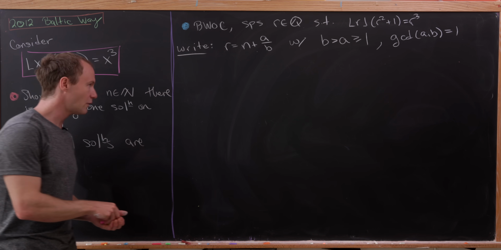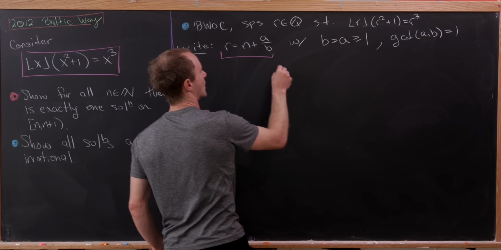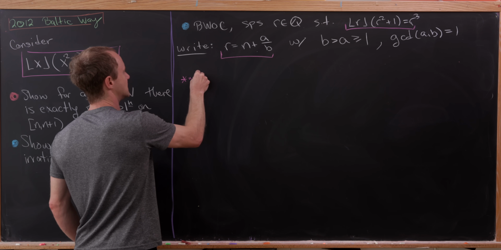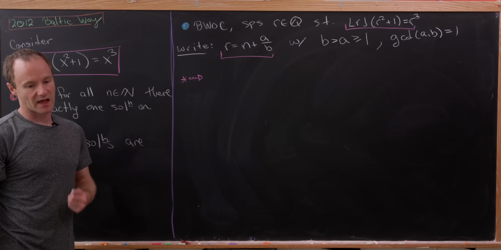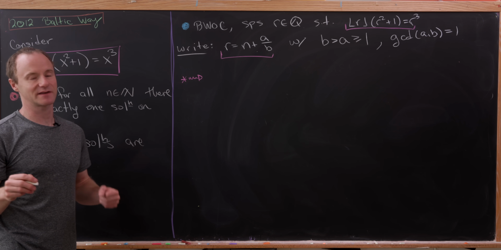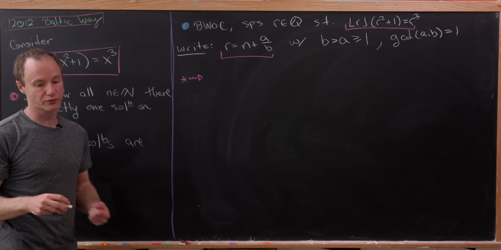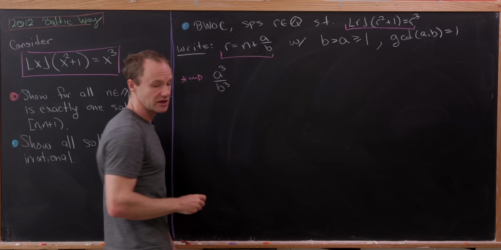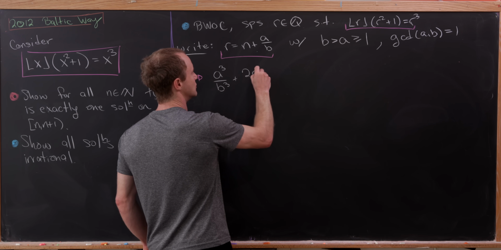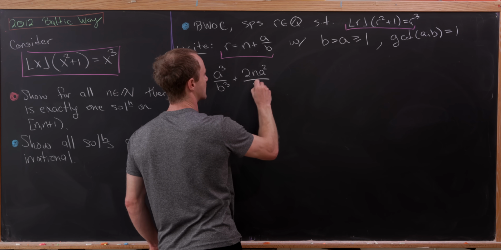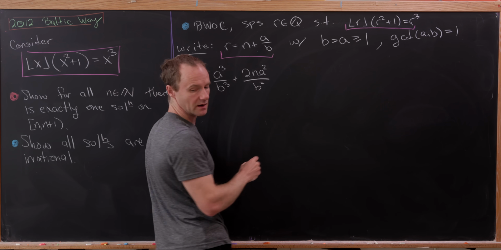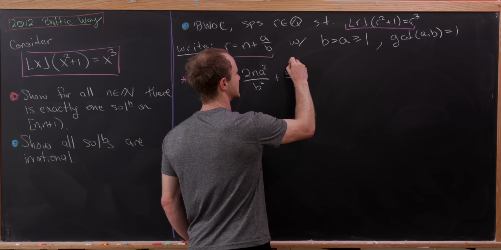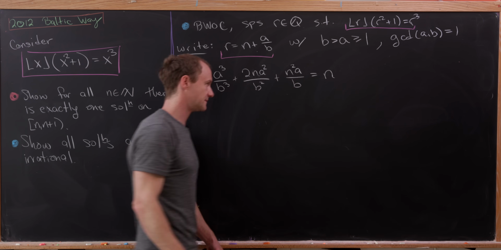Okay, so now what we'll do is take our expression for R and we'll plug it into the equation which is satisfied by this expression for R. And well, after doing exactly the same sort of calculation that we did before, we pretty quickly end at the following equation, and that is A cubed over B cubed plus 2 times n times A squared over B squared, and then plus n squared times A over B equals n.